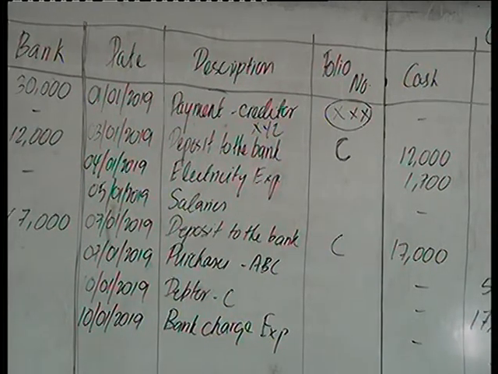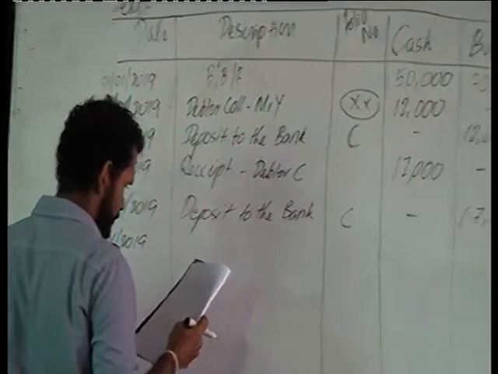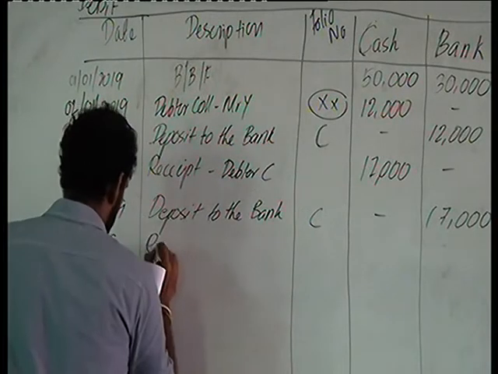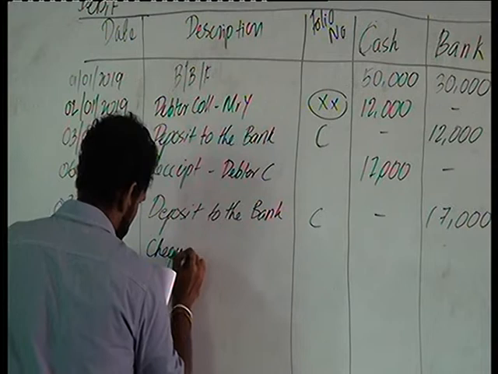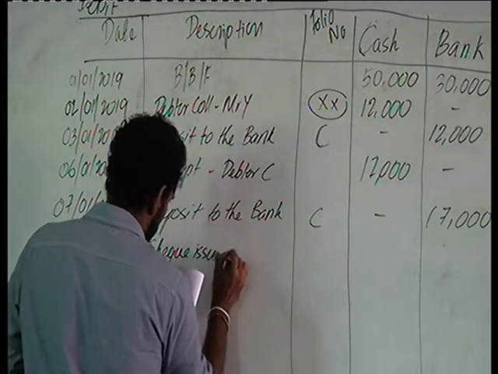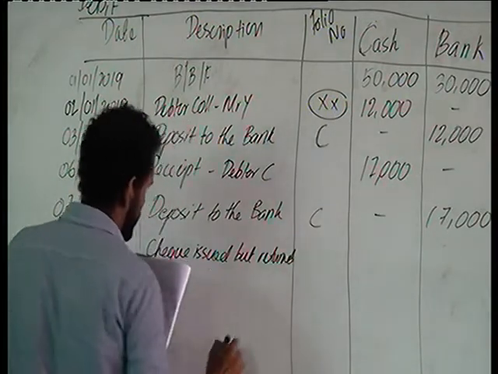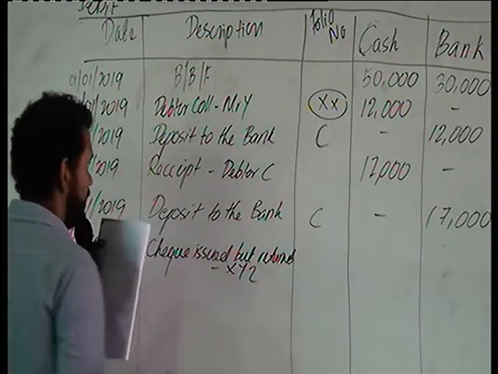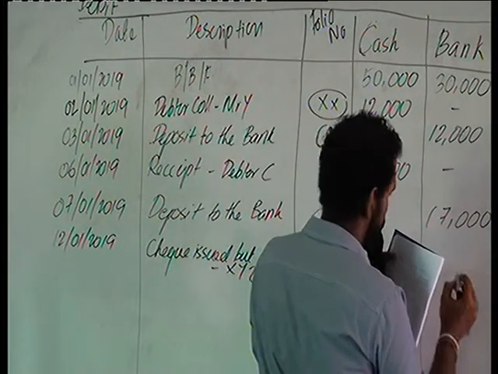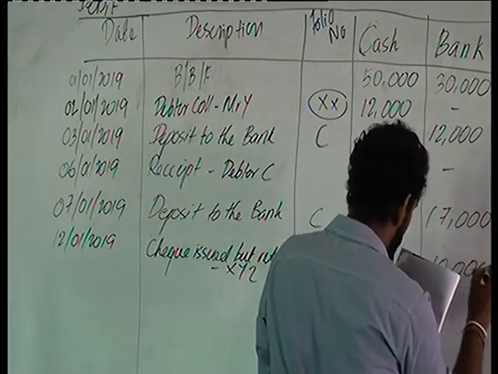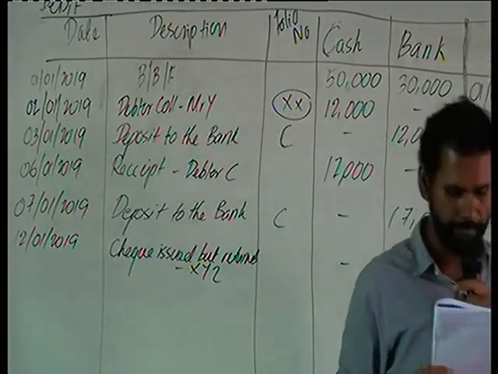So on 12th January 2019, check return, check issued but returned related to XYZ amounting to 10,000 that will be deposited back to the bank because the bank balance has to be increased.